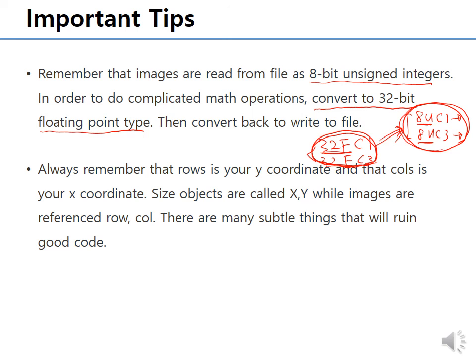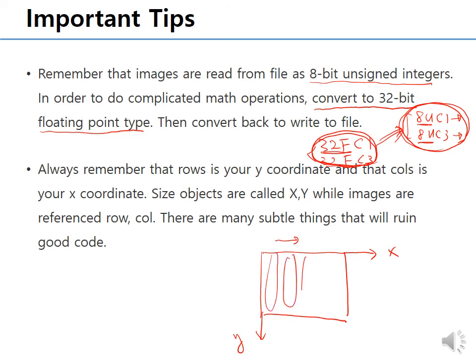Always remember that the row is your y coordinate. Here is a coordinate, this is x, y. As you increase the x value, the number of columns increases, and as you increase the y value, the number of rows increases. So remember that row is your y coordinate and the column is your x coordinate.